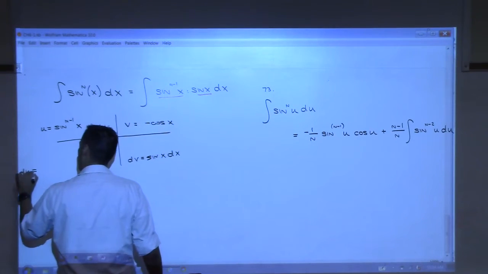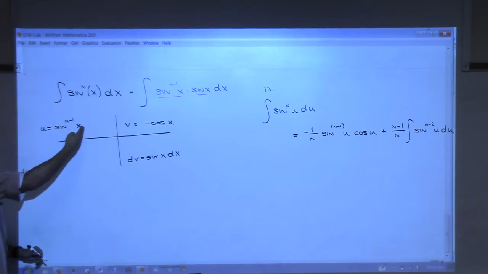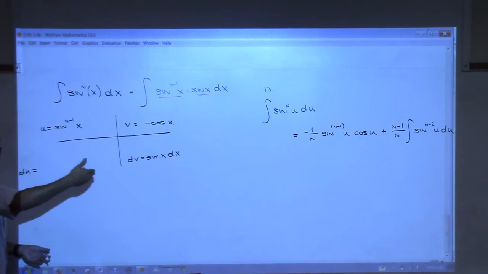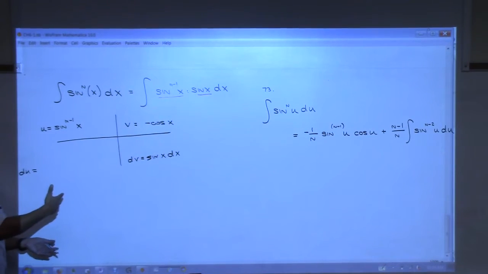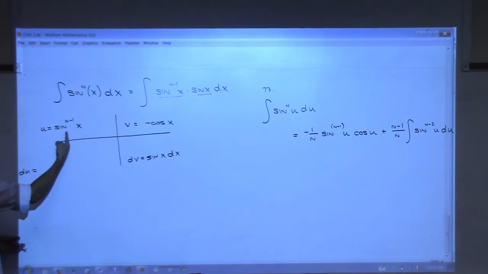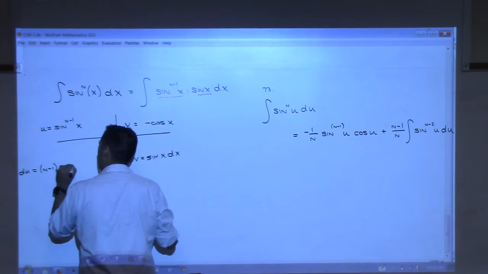Du. So think about this. If it was sine to the 6th power, the derivative would be 6 coming out first, and then sine to the 5th power. And then you would take the derivative of sine. So chain rule. So if I do chain rule here, what's the derivative of sine to the n minus 1 power? What comes out? N minus 1 comes out. Then I'd have sine to what power?